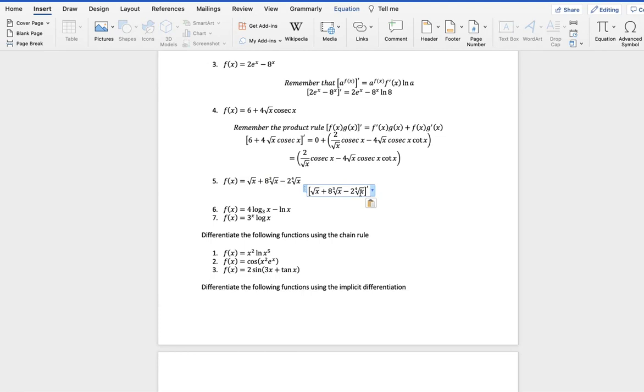Sorry, sir, is that negative 2 fourth root of x or what? It's -2, yes, the fourth root of x. Oh, yes, thank you.